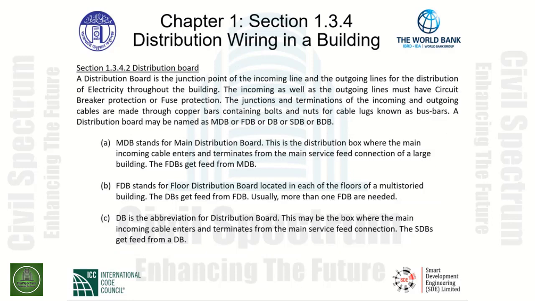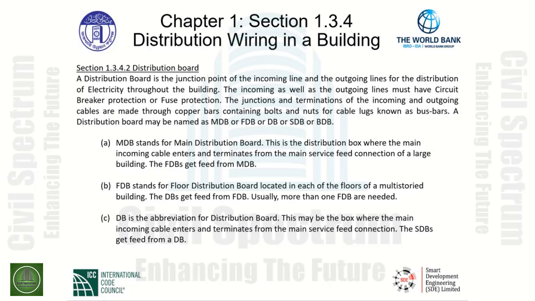Section 1.3.4.2, Distribution Board. A distribution board is the junction point of the incoming line and the outgoing lines for the distribution of electricity throughout the building. The incoming as well as the outgoing lines must have circuit breaker protection or fuse protection.